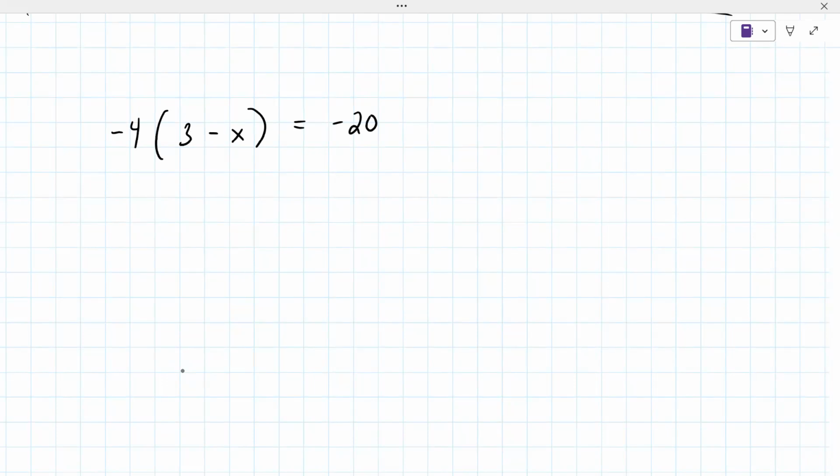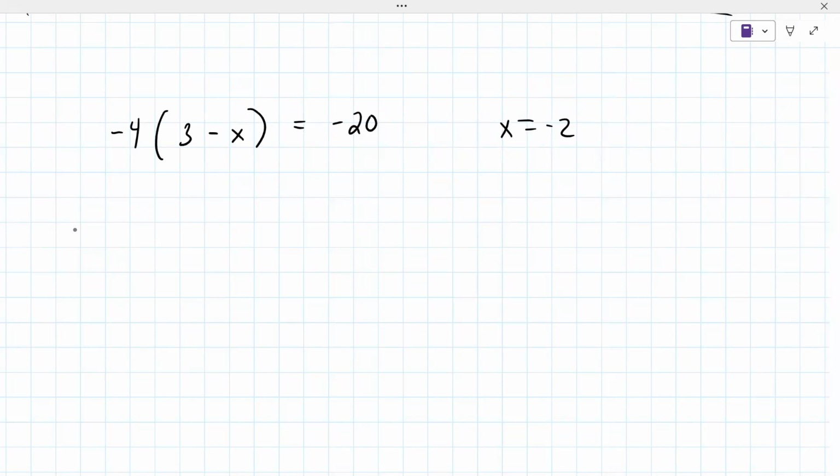And you can use the distributive property. x equals -2. That is correct. Okay. Definitely think you got this down.